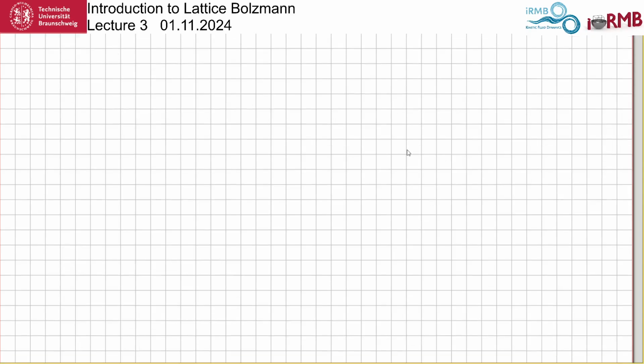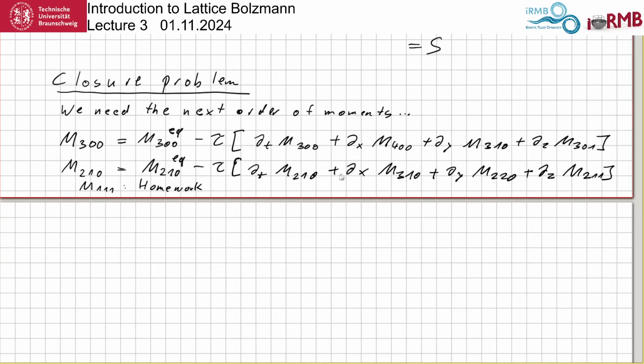So dot, dot, dot, I wrote dot, dot, dot up there. We need the next order of moments. So what's the problem? Here we need, again, the next order of moments. M211 or M111? Yeah, so all of them. The next one would be M201, but this basically looks the same as this one, you can just exchange the indices.